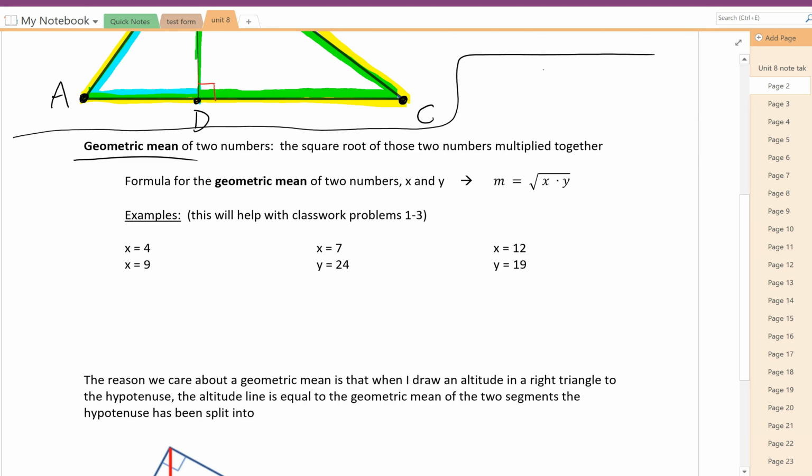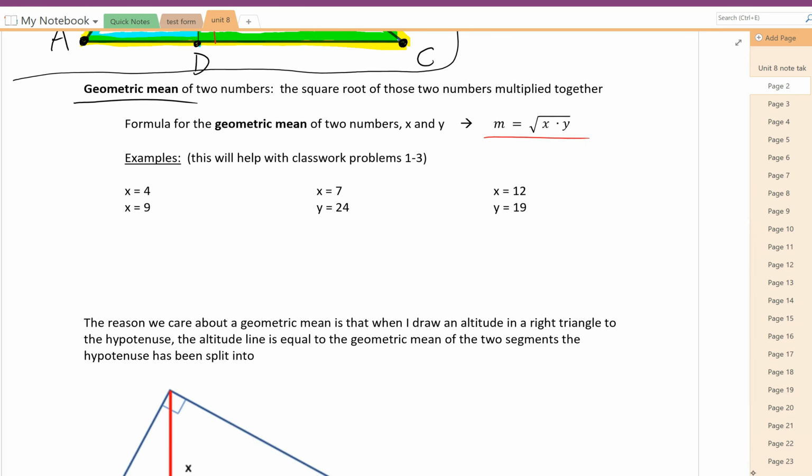And the way you find the geometric mean, you can already see it on your note taker, is like this. I multiply the 2 numbers together, and then I take the square root of whatever that is. Okay, and you'll see why we care about the geometric mean shortly. But let's do some examples first so we can make sure we understand what we're doing here.